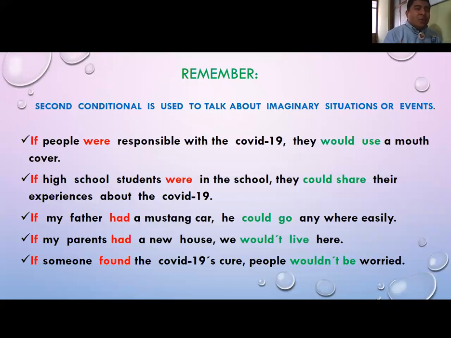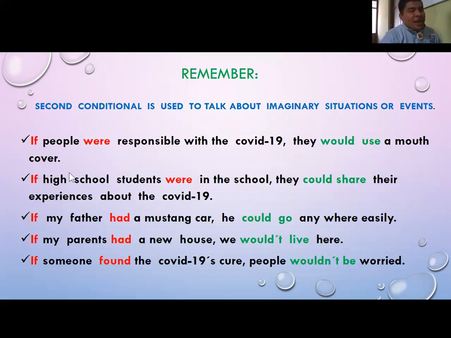These situations could happen in the present or in the future, okay? Remember that. Here I wrote some examples, but I used different colors to identify the features that we have to take into consideration when we make our sentence with the second conditional.